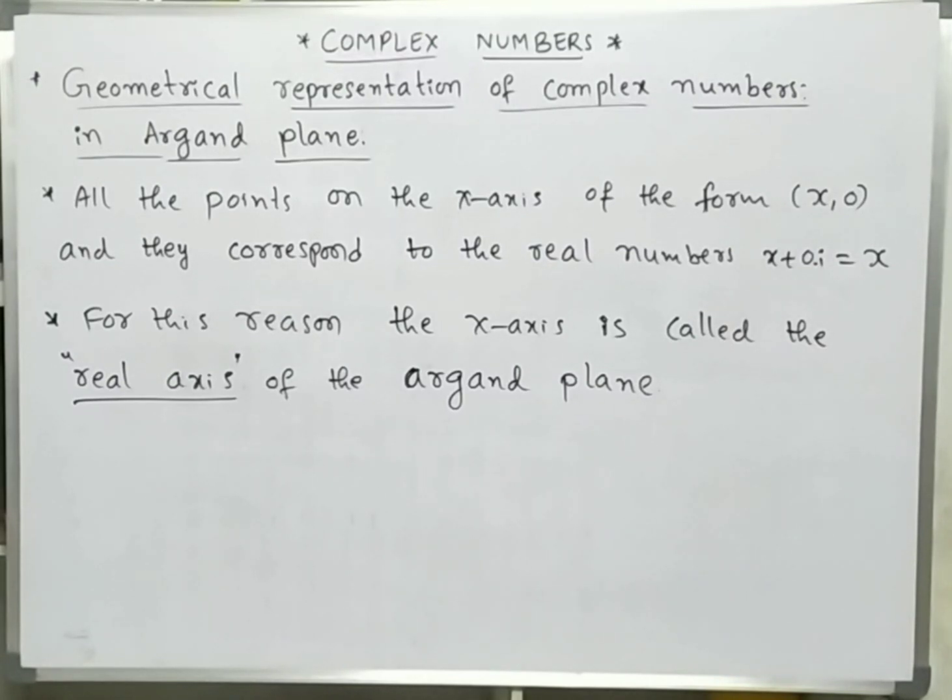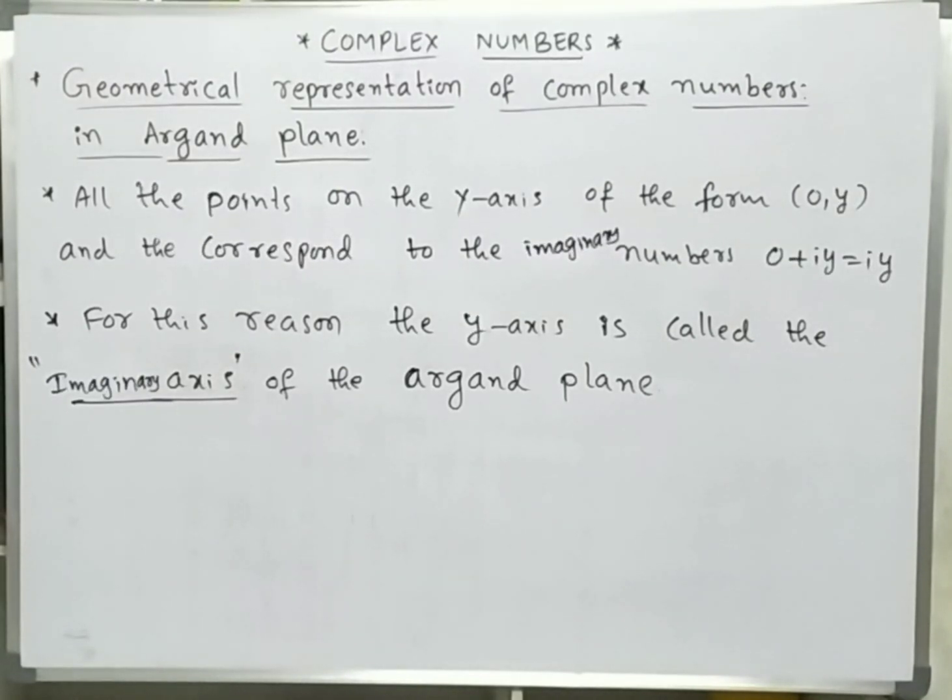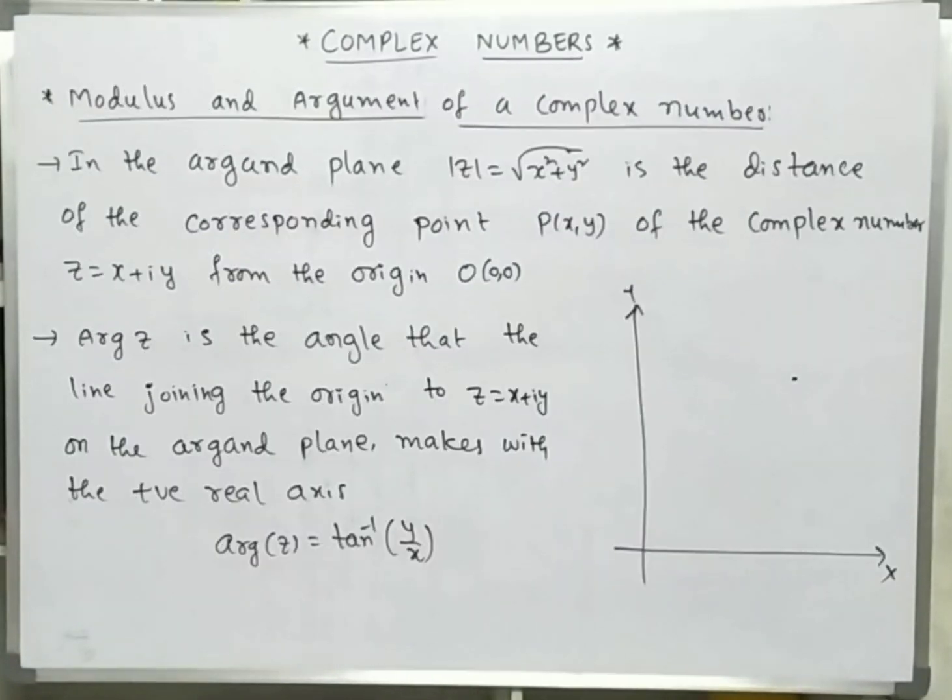For this reason the x-axis is called the real axis of the Argand plane. Next, all the points on the y-axis of the form 0, y correspond to the imaginary number 0 plus iy, which is equal to iy. For this reason the y-axis is called the imaginary axis of the Argand plane.